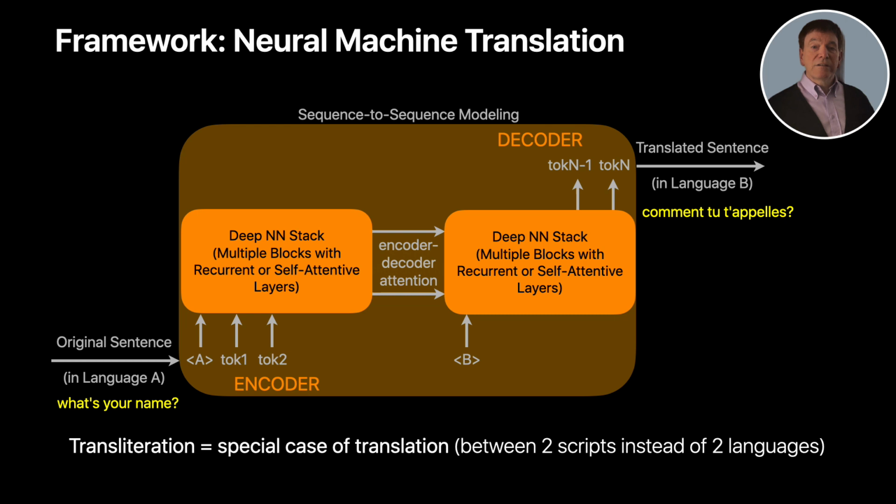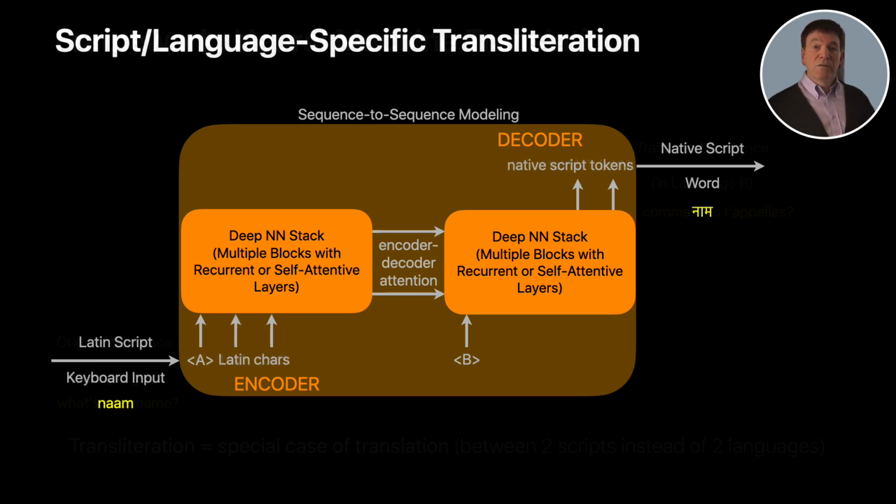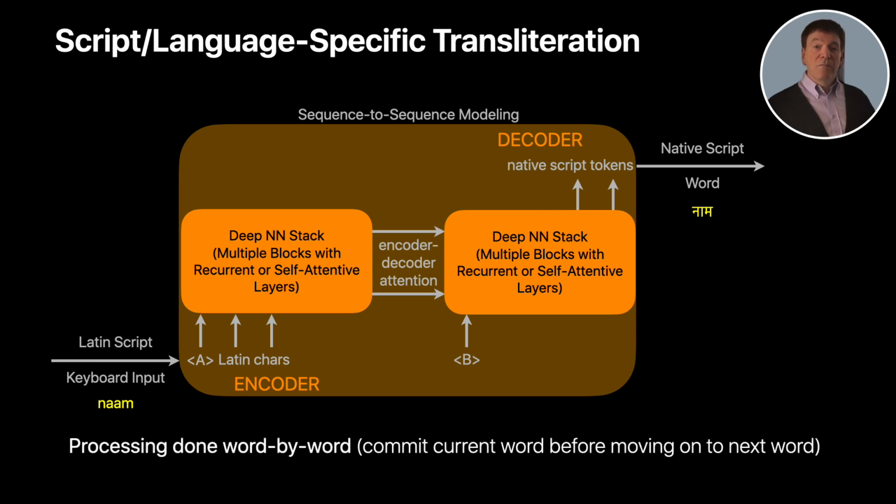Now, transliteration works in a similar way, except that it is done between two scripts instead of two languages. So, in transliteration, the model maps an input sequence of Latin characters to an output sequence of native script tokens.